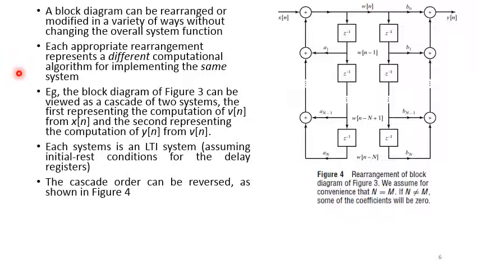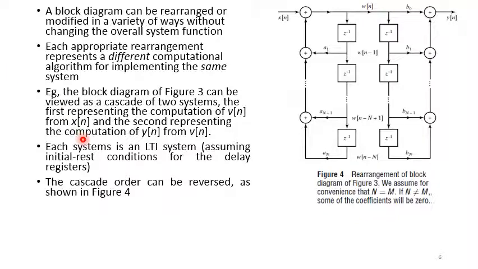For example, the block diagram of figure 3 that we have seen on the previous slide can be viewed as a cascade of two systems. The first system represents the computation of v of n, which is the summation of all the input values, and the second represents the computation of y of n from v of n.